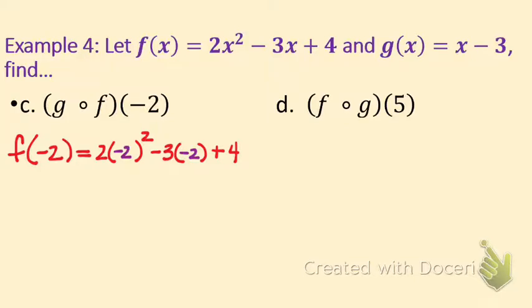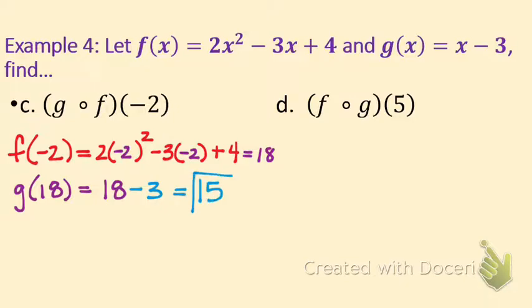You got 18? Okay. So now you're going to take that answer, 18, and put it into the G function. So we're going to find G of 18. The G function says x minus 3, so that would be 18 minus 3. So your final answer would be 15.